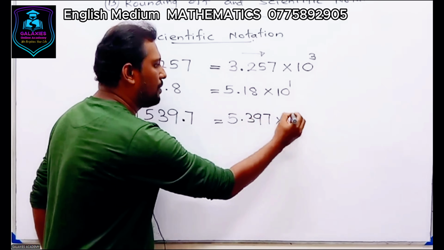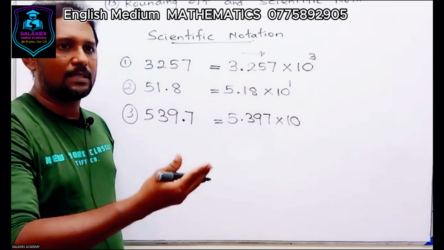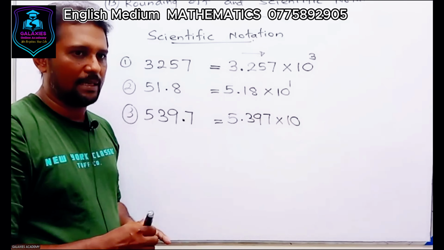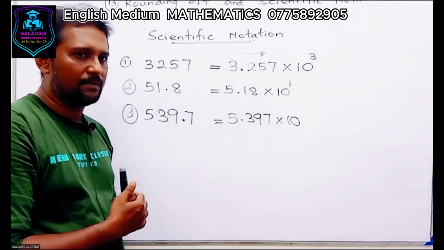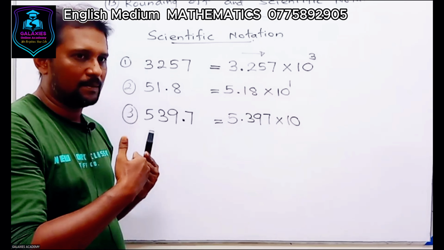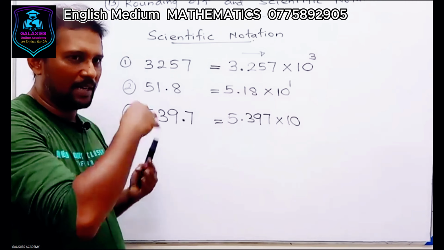Then we have to multiply by 10 to the power which value? How many places do we have to move, and in which direction? Can you understand? Which direction do you have to go to get the initial number? Positive or negative direction? Your right hand side, no?